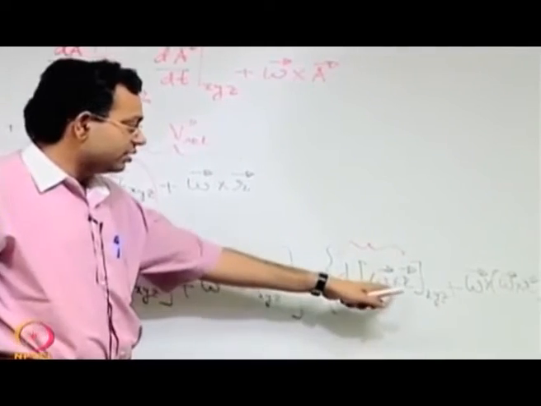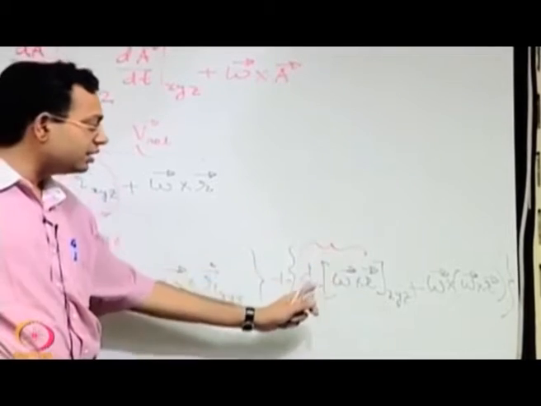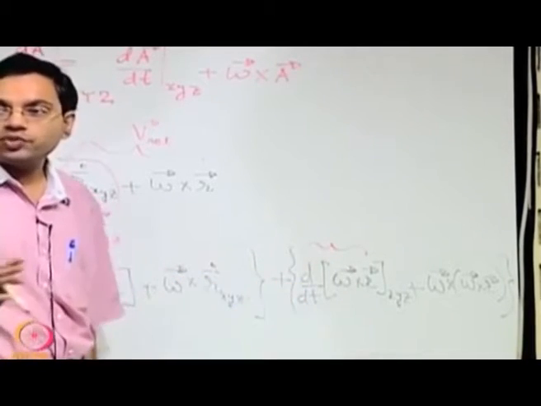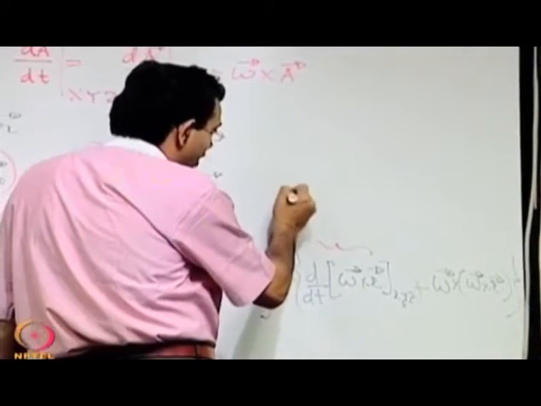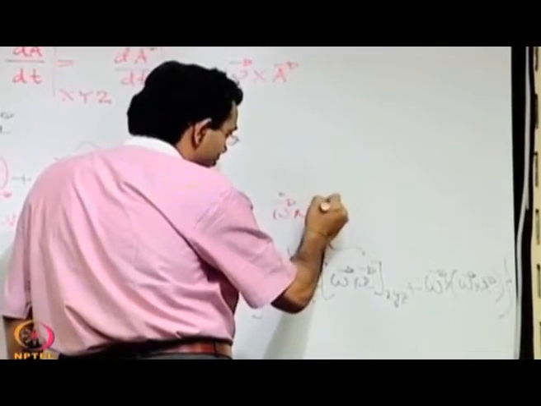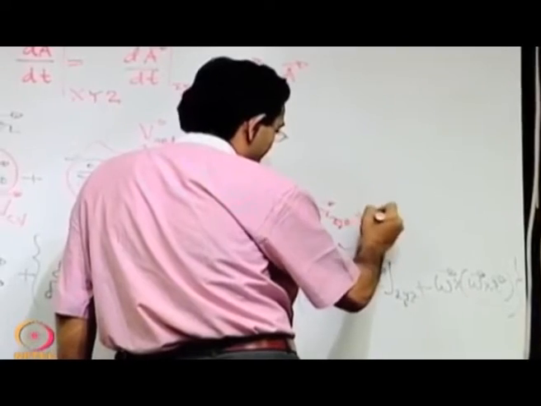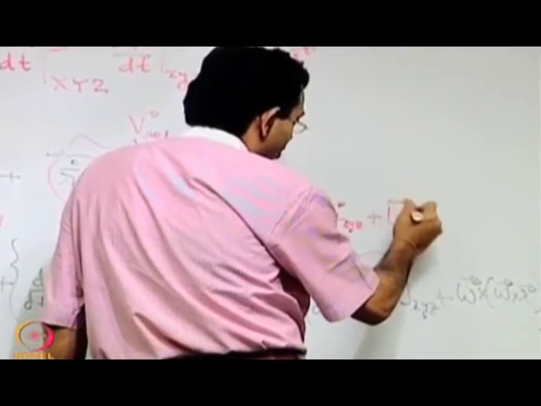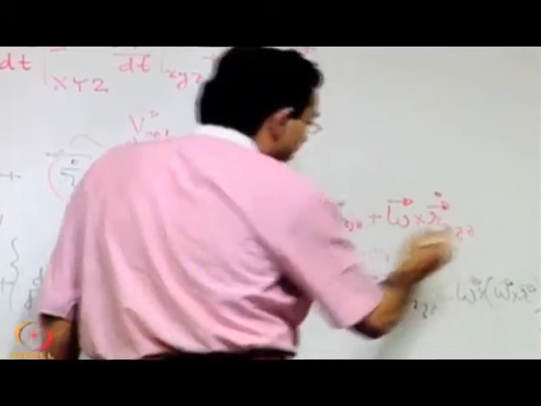This you can differentiate just as if it is like a product rule, but maintaining the order, because for the cross product the order is important. So it is omega dot cross r small xyz plus omega cross r dot small xyz, just like the product rule.